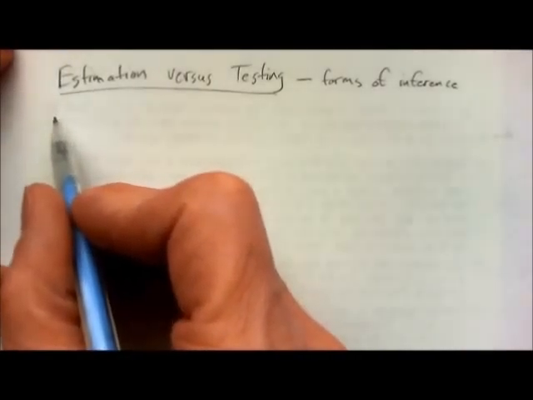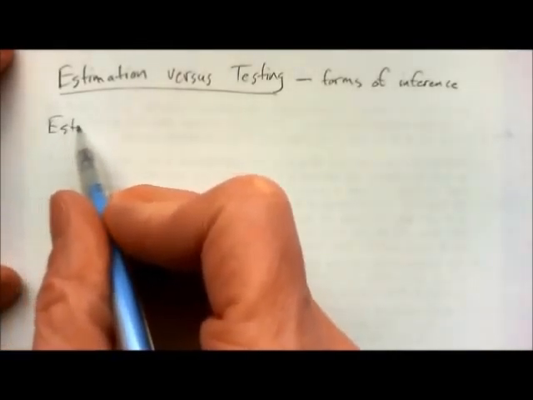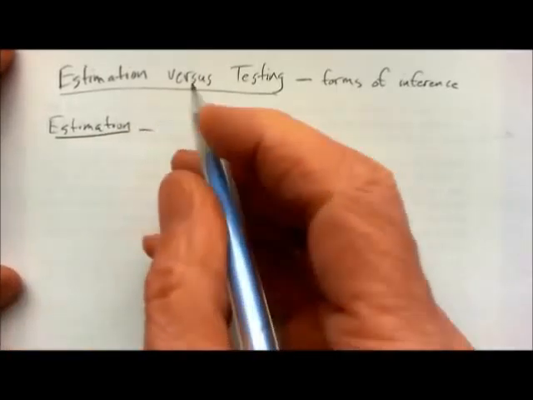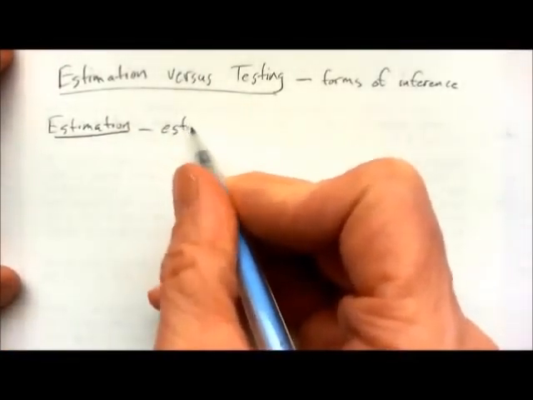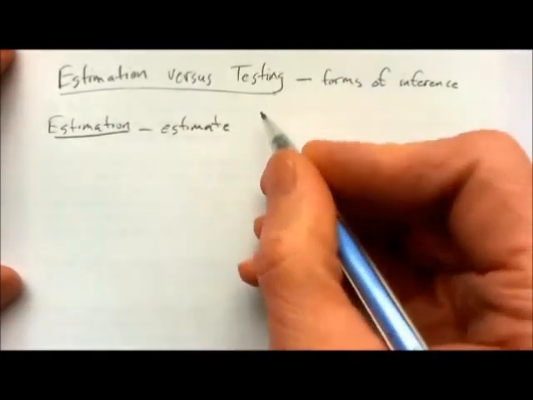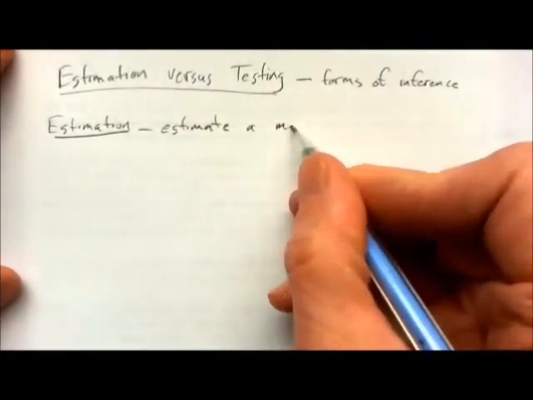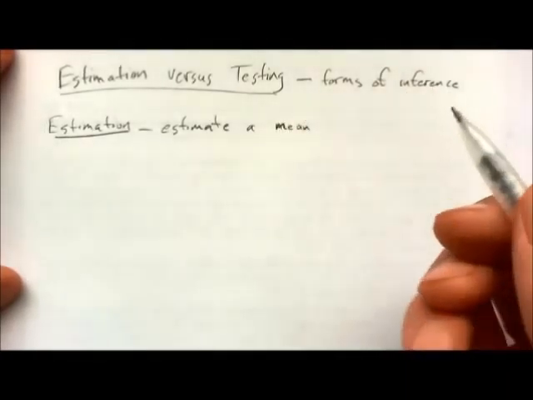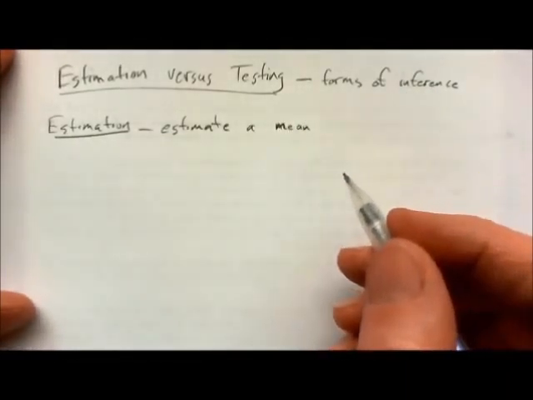So what we'll be doing is we'll estimate a mean or proportion. And remember, a proportion is just a percent, like the percent of people that smoke or something like that.